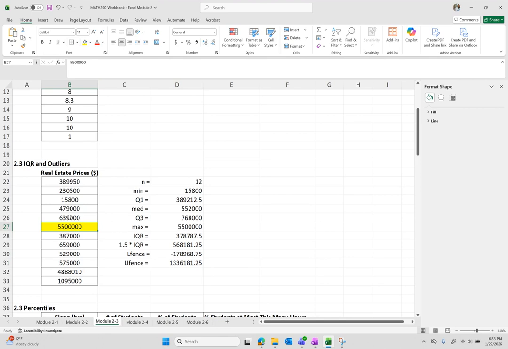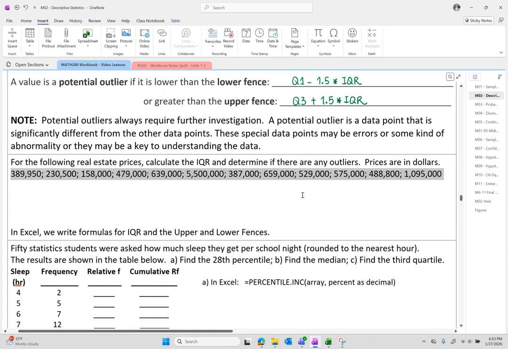So 4,888,000 is an outlier as well. The 1,095,000 is not an outlier, so I actually have two outliers here. And I can say that I have two outliers.